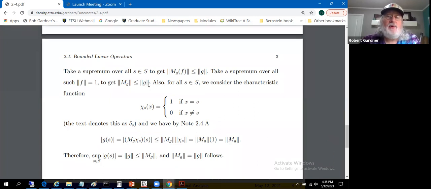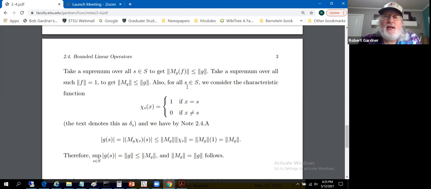Okay, so the operator norm is less than or equal to the norm of g. Now we're totally legitimately halfway. We need to reverse that. We're going to reverse that by finding a particular vector, a bounded function on set S, to which to apply m sub g and show that we actually attain this bound here.